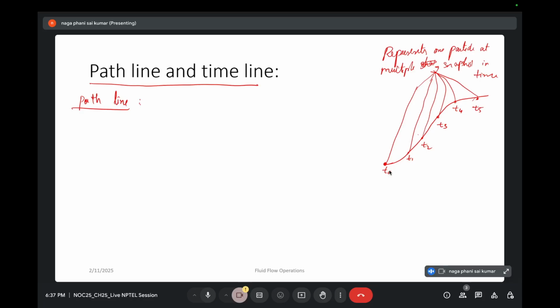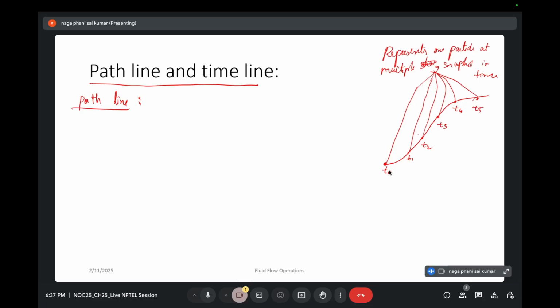When the particle is moving in a fluid, it will be changing its position, right? So if we have a snapshot of the particle at different positions at different times, this is how it looks. So a path line is nothing but the trace of one particular particle starting from one particular point in a stream.